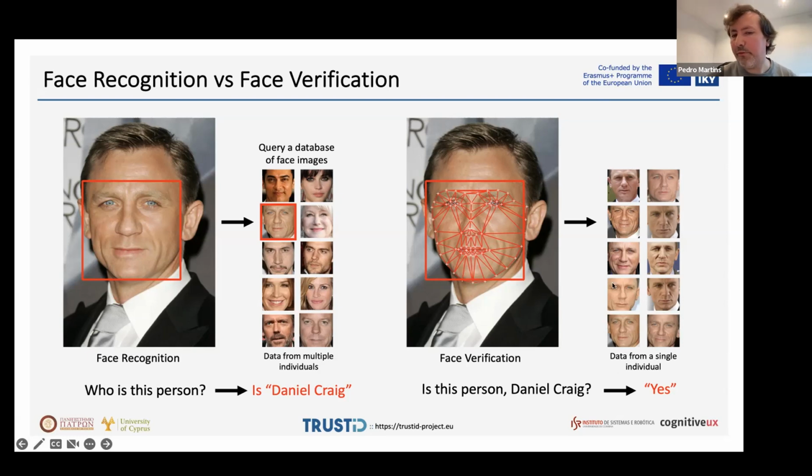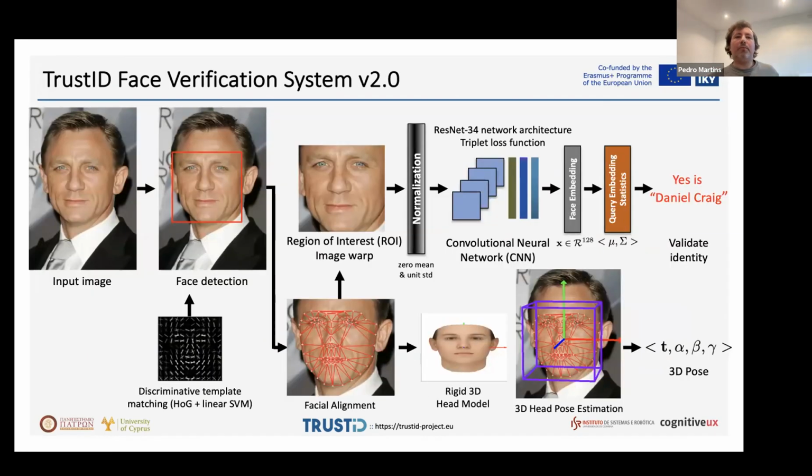And this is called face verification. Notice the difference: we just need to check if this sample belongs to this class of examples, contrary to the first approach where we need to match each example against everyone. Okay.